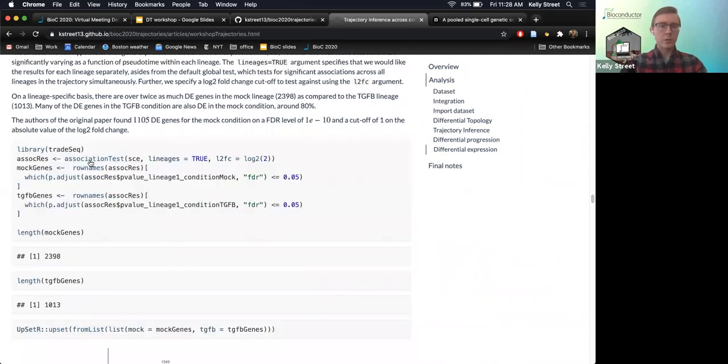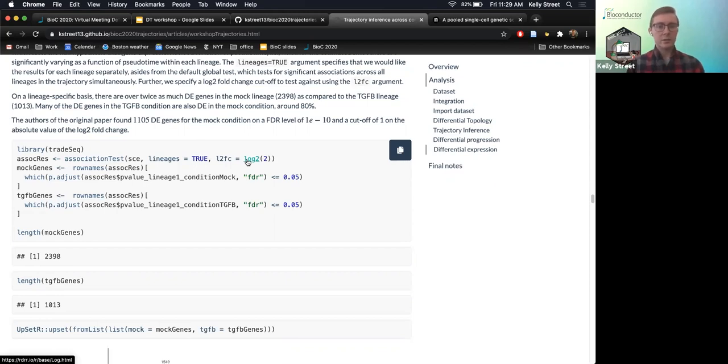We're going to use the association test for that. So this is testing for any association between gene expression and pseudotime. It doesn't have to be monotonic. It could be quadratic or any other pattern that our smoothing splines are capable of picking up. And we're setting a cutoff on the log2 fold change so that we only pick up the bigger changes.